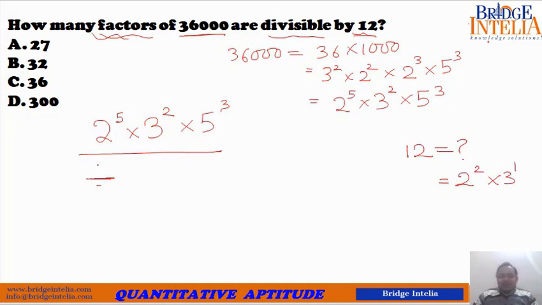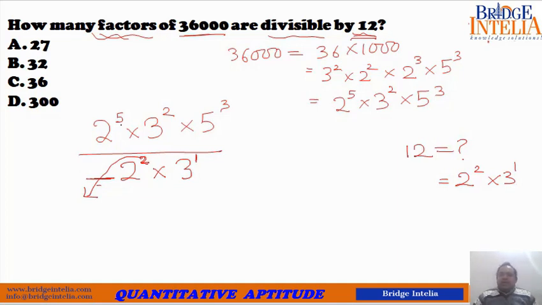I don't know about other numbers, but at least 2 square into 3 to the power 1 will be present here. It means the power of 2 cannot be less than 2, otherwise 12 will not be formed. So this gives you the lower limit.